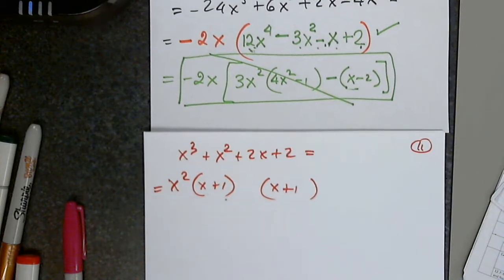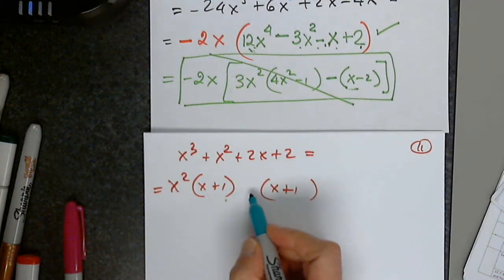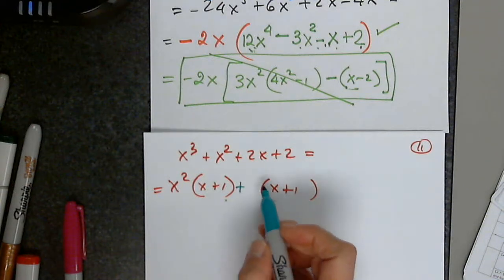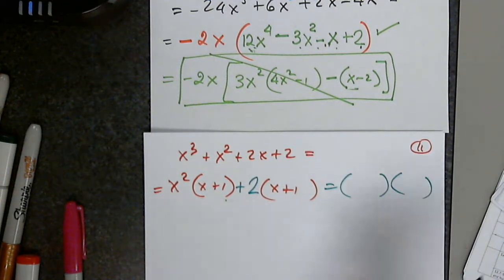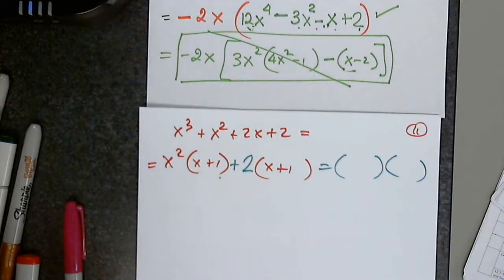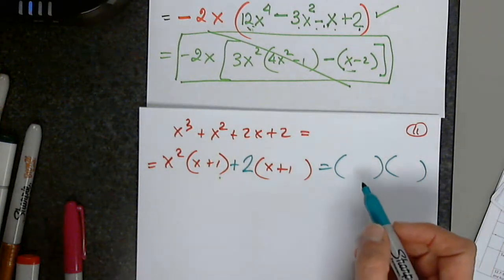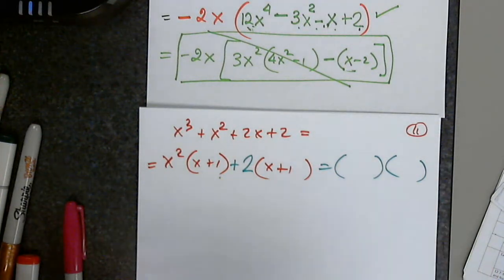If you forget the sign, you're changing the problem completely. So I need a sign and a factor. What is the sign? And the factor? So what is the factor form of this polynomial? The common factor is?